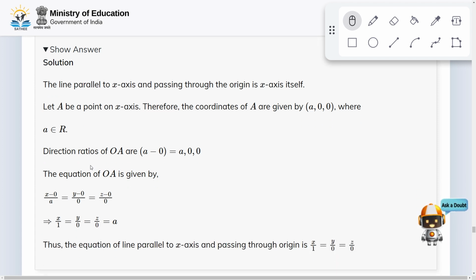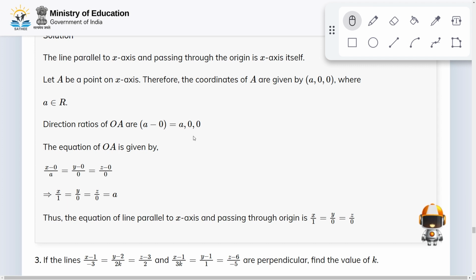Now the equation will be quite simple. As you can see, your line will be parallel to this. So the equation will be (x minus 0) divided by a, the same as (y minus 0) divided by 0, equals (z minus 0) divided by 0.